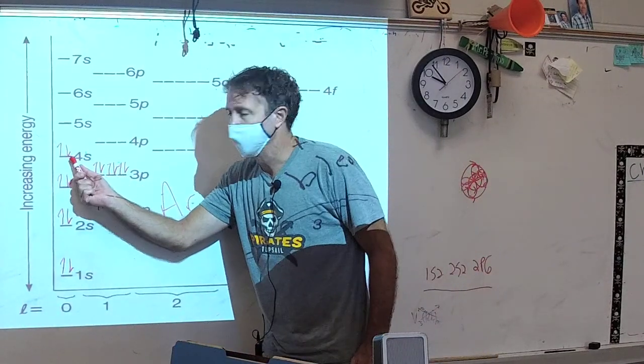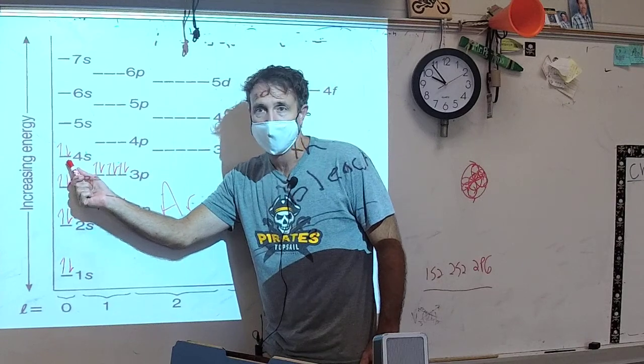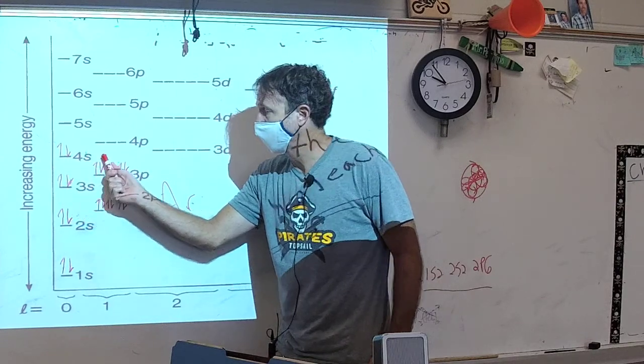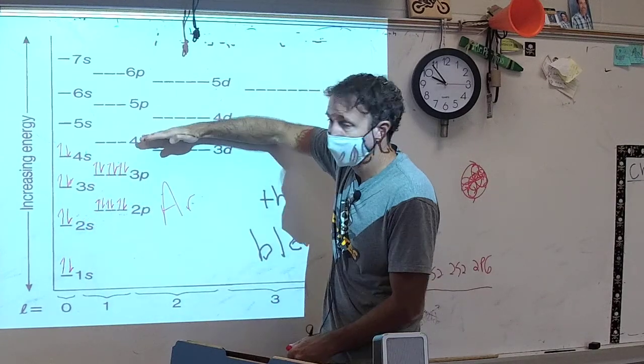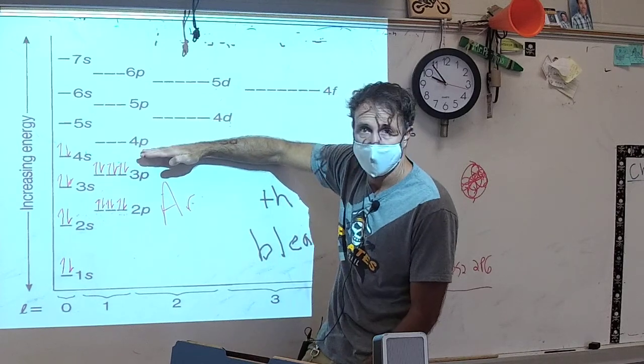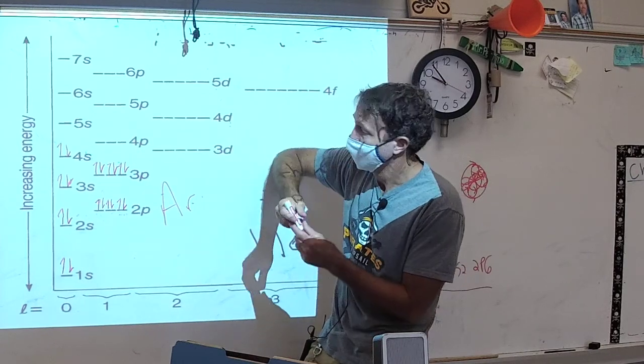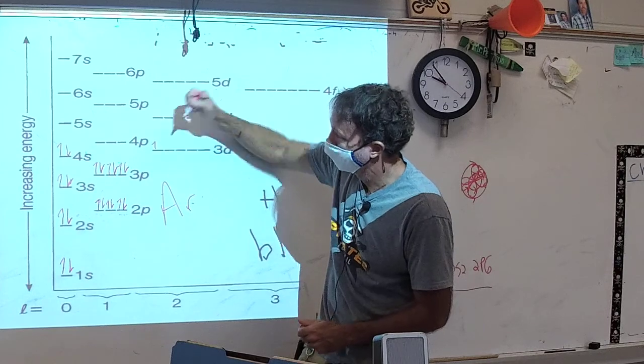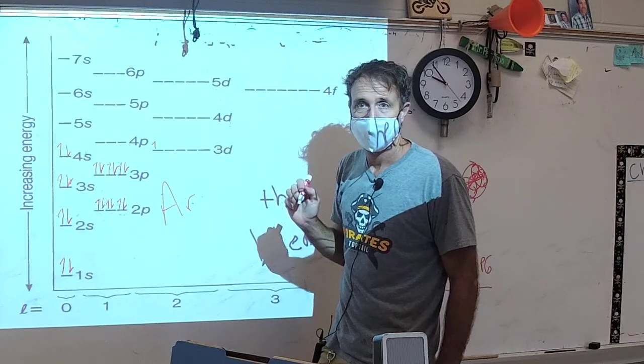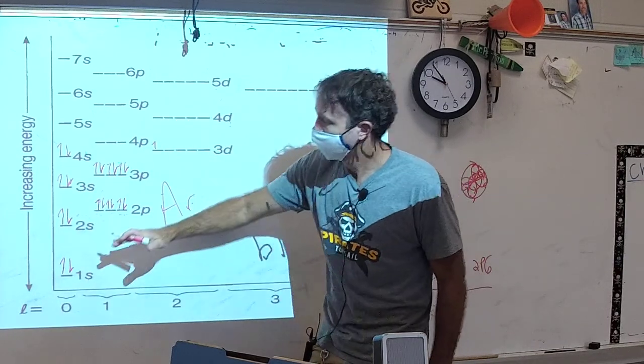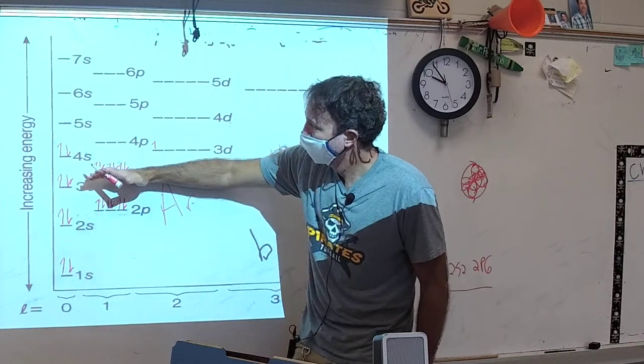Here's 4s2. This is calcium. Now watch. We have to go all the way over here. See how these dashes are actually lower than 4p? So then here's our scandium. Does that make sense? We're just filling these up by height.